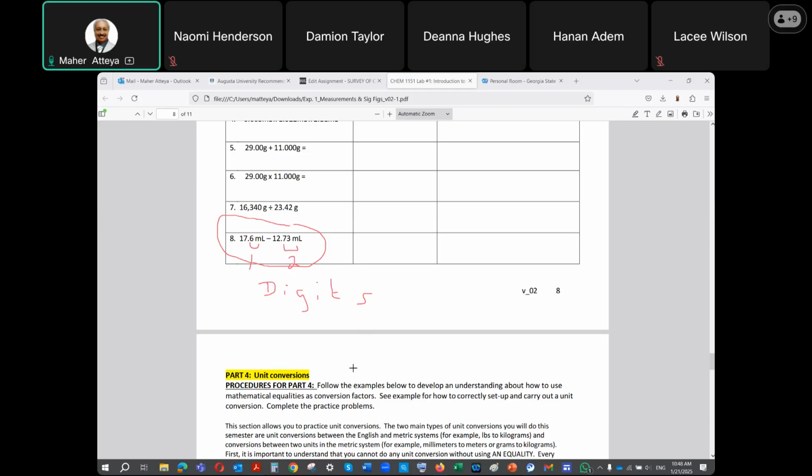So my answer has to have how many digits after the decimal? 1. Yeah. So what will be the answer then? Calculate the first, the whole number from the calculator first, as is. 4.87.